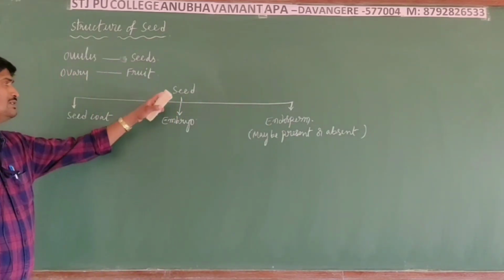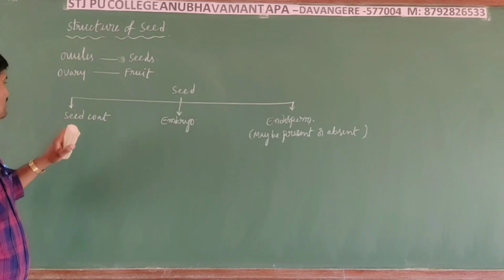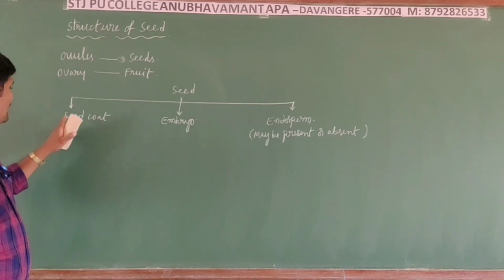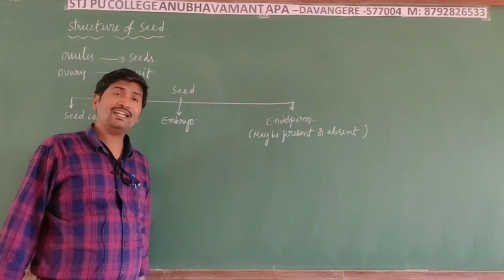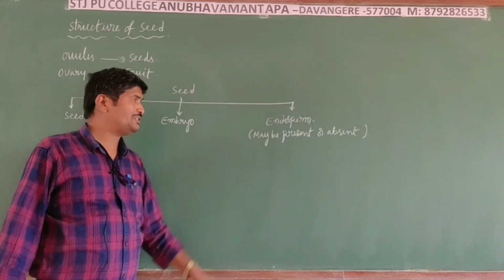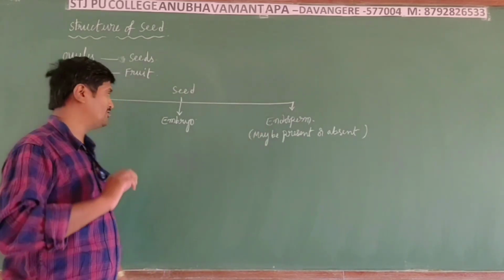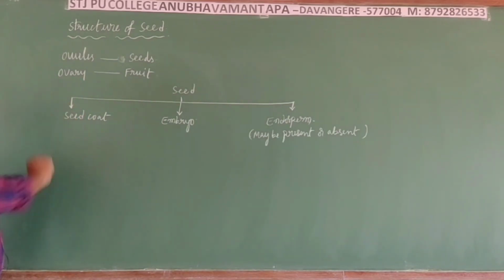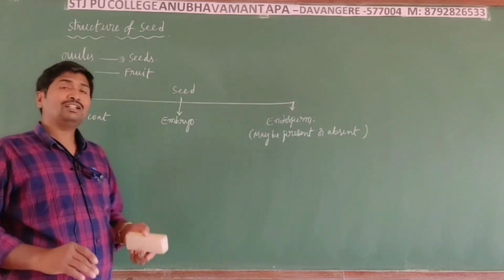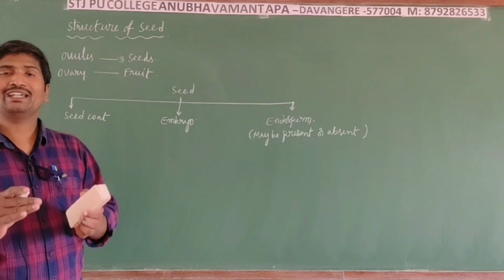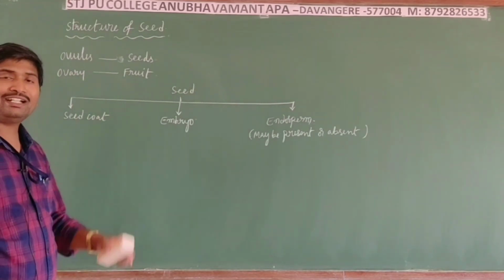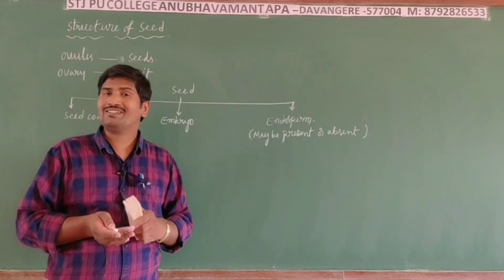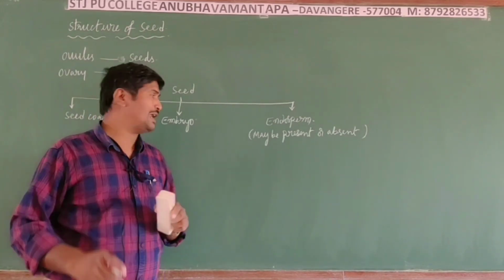So here the seed consists of three parts. One is the seed coat, another one is the embryo, another one is the endosperm, which may be present or absent in a seed. First one, seed coat. The seed coat is developed from the integuments. Generally the bi-integuments are present in angiospermic plants.